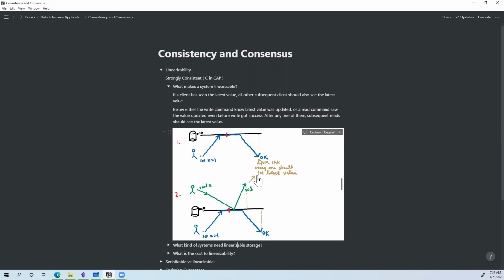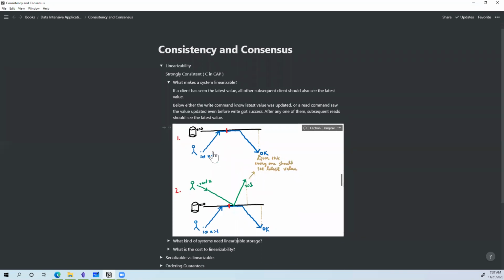I just want to give two examples. Let's say this was the database, and someone has written x equals 1 to the database. This operation was performed, and finally the client got an okay response. And this is the point where the data was actually written to the database.